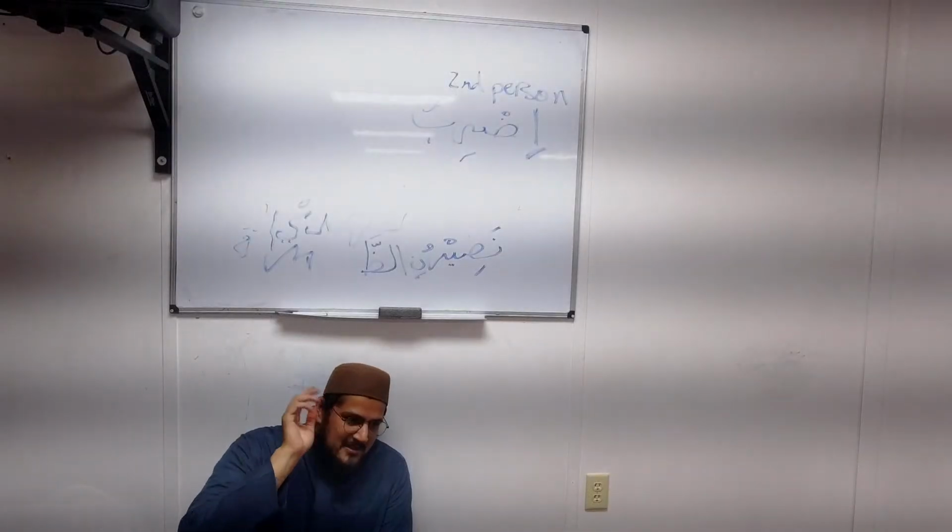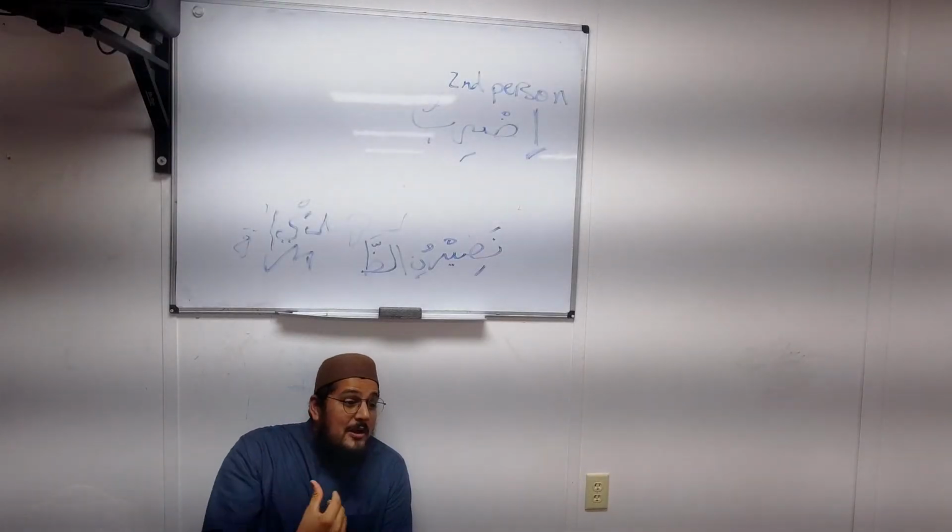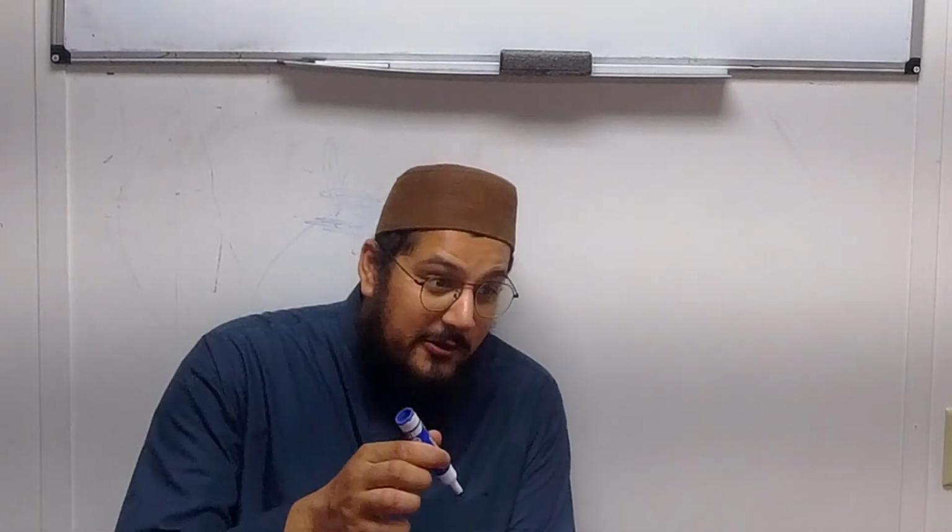Similarly, sijn is on the pattern of fi'lun, right? Because sin has a kasra, jim has a sukoon, nun has a dhamma. But its plural is on the pattern of fu'ul. So the plural is sujun, not sijun. So in non-rational plurals, all of the harakat of all the letters can change. But in the plural that we just learned, which was adding una to the end of a word, all of the letters retain their original harakat.